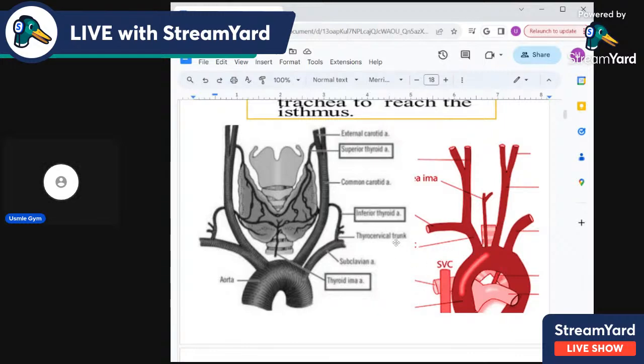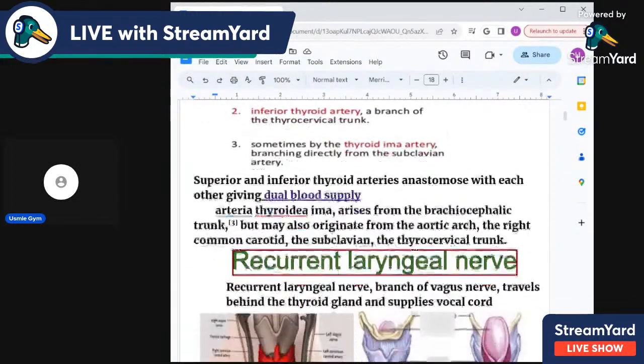It may arise from the thyrocervical trunk, the subclavian, or the arch of the aorta, and runs in front of the trachea to reach the thyroid isthmus. The superior and inferior thyroid arteries anastomose with each other, giving a dual blood supply to the thyroid gland. So this is the blood supply.